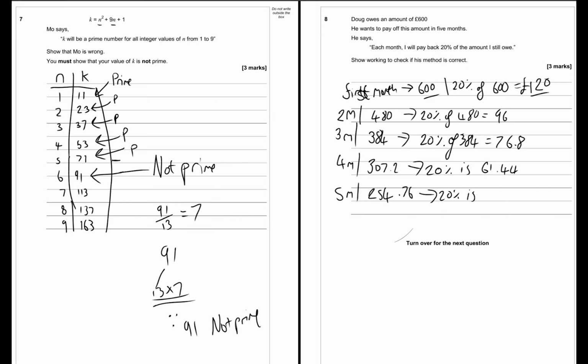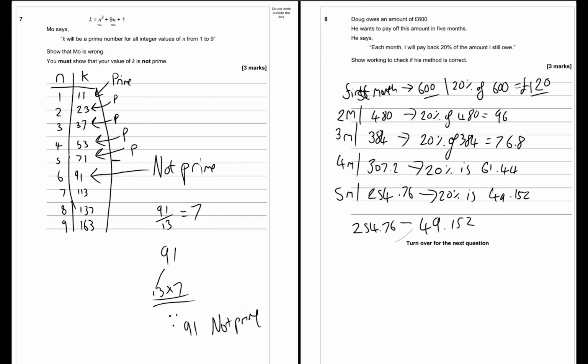So we need to times that by 0.2 and then subtract. So you're left with 49.152, and then after 5 months he will have paid off, this is the last one, 254.76 minus 49.152. Okay, so let's put that into the calculator.